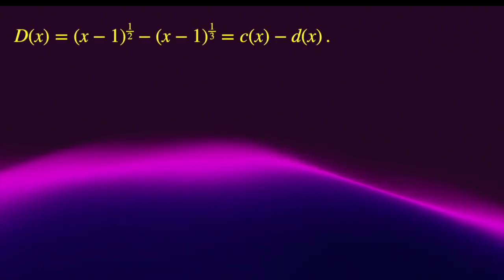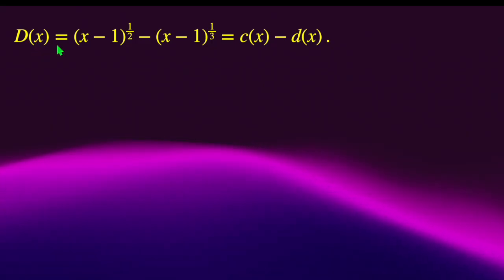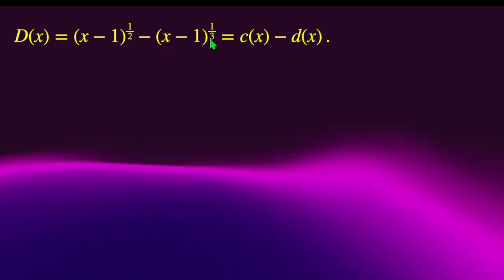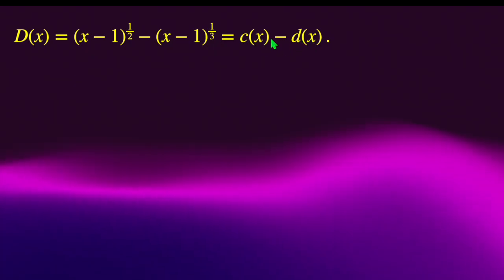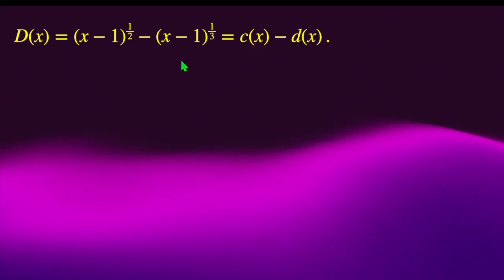Now we will do the same for the denominator, so d(x) equals (x minus 1) power 1 over 2 minus (x minus 1) power 1 over 3, and we write it as the difference between two expressions.